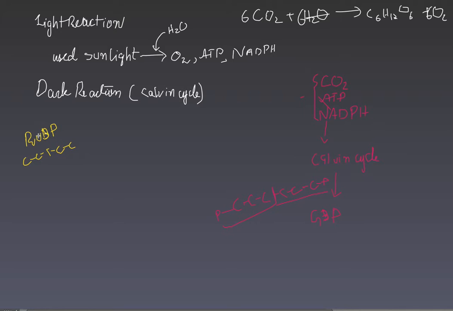And what happens is that this carbon chain molecule attaches with carbon dioxide, and enters into the Calvin cycle. There are a lot of processes going on here, so if I were to write it better, the carbons are all mixed up.